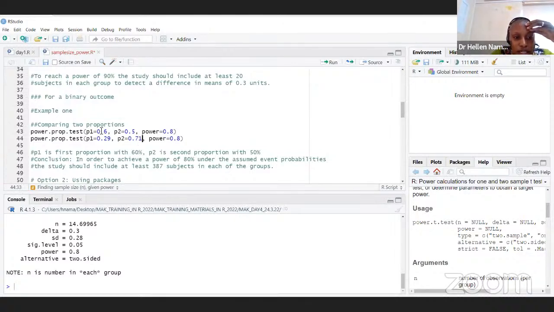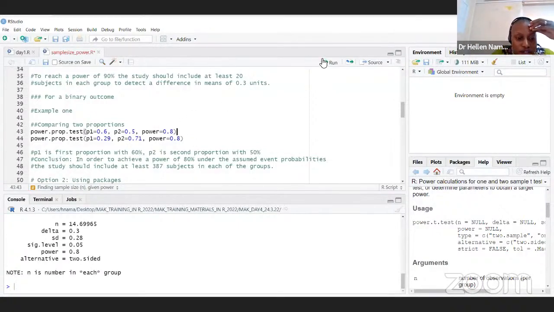So looking at this first one, these are just proportions. So the question is, what N will I need to use such that I have 0.6 in proportion 1, or in subpopulation 1, and then 0.5 in the other.